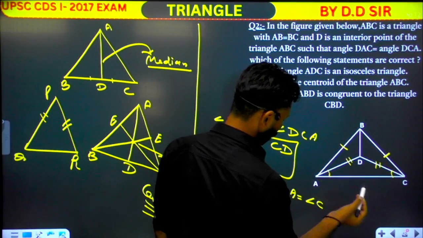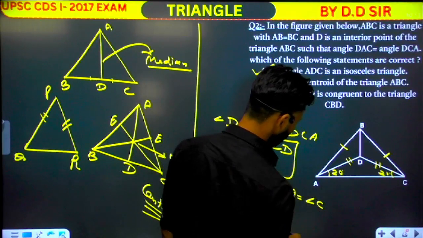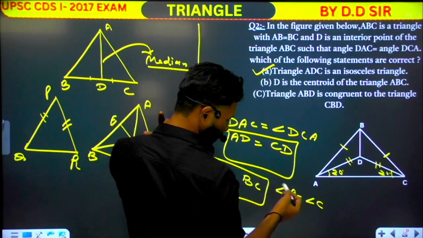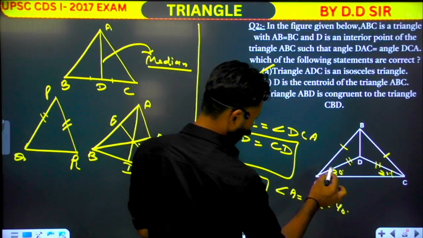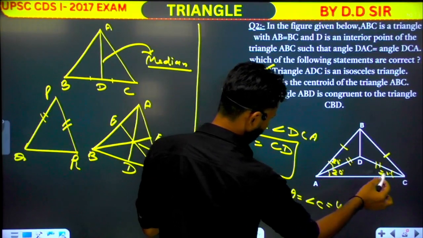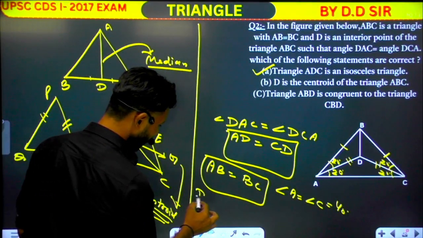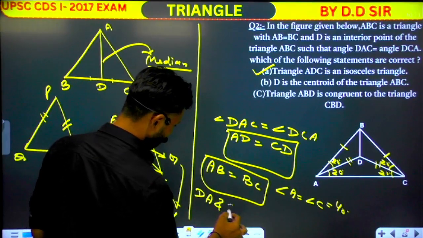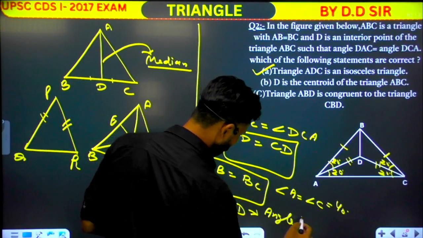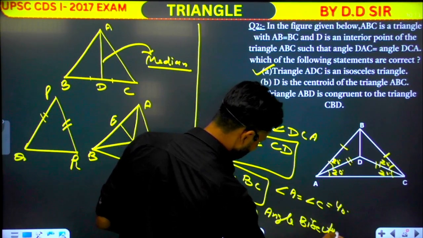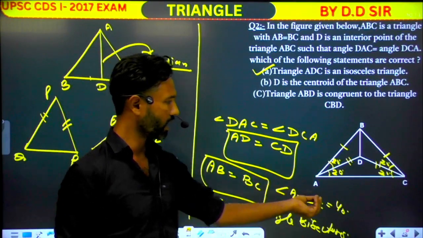For example, let's assume angle A is equal to angle C is equal to 40 degrees. Then the upper part will be 20 degrees and this part will also be 20 degrees. So DA and CD are working here as angle bisectors for angle A and angle C.